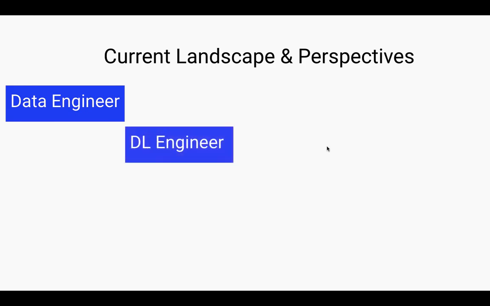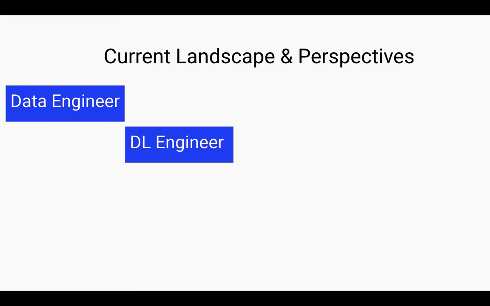Another fancy title that comes up is a deep learning engineer. Deep learning engineers basically try to restructure the usual algorithms that we know into layers to create what they call artificial neural networks that can learn and make intelligent decisions on their own.